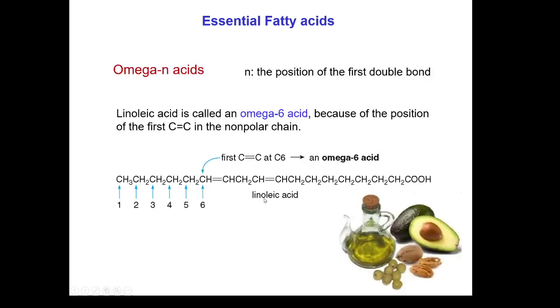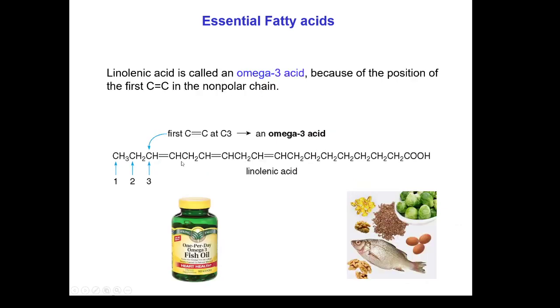So, again, here's our omega-6, left to right. Here we have an omega-3. Still the same length, linoleic acid, but now it's an omega-3 because we added another double bond to the carbon chain.